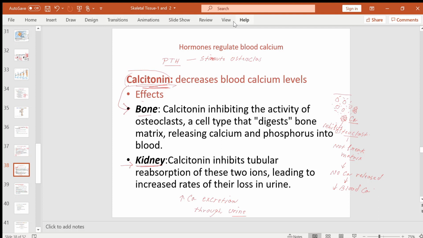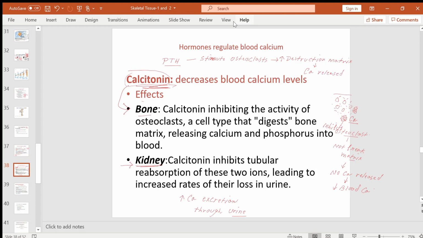So osteoclasts are activated, stimulated to do what? Increase destruction of the matrix. Makes sense? Just opposite of calcitonin. And the matrix contains a huge amount of calcium, right? So from the bone, the calcium will be released into the blood.